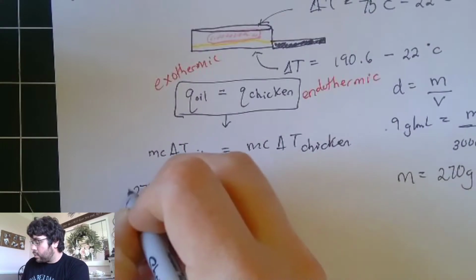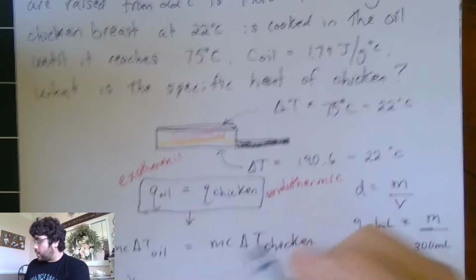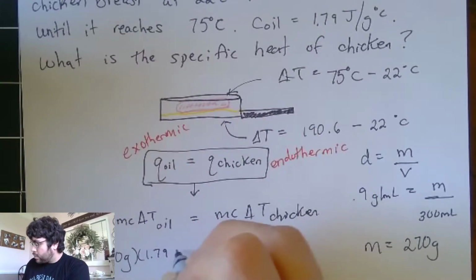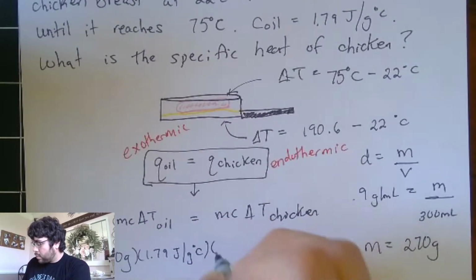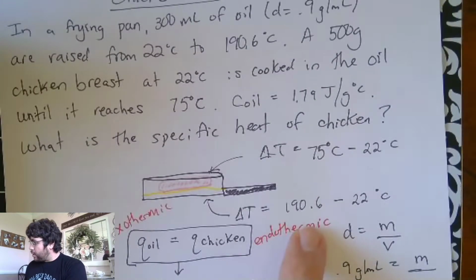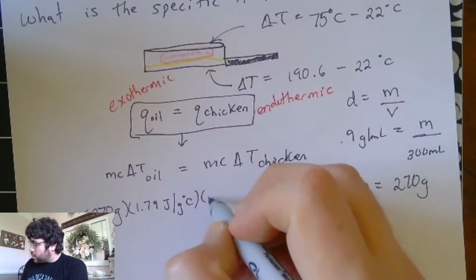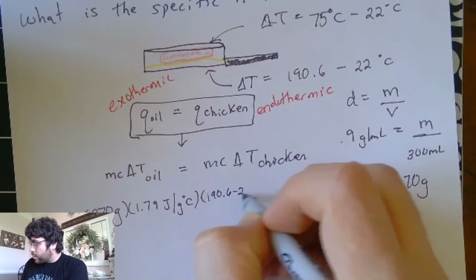270 grams times the specific heat of oil, which I am told is 1.79. And the change in the temperature of the oil is, like we have here, 190.6 to 22. So its final temperature is 190.6 minus 22.